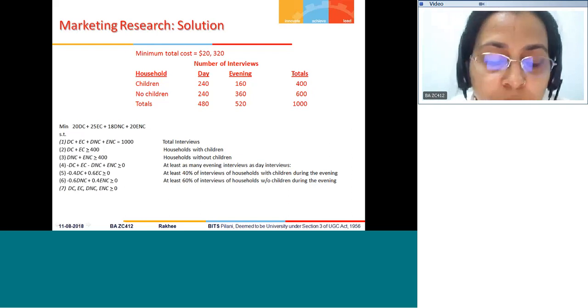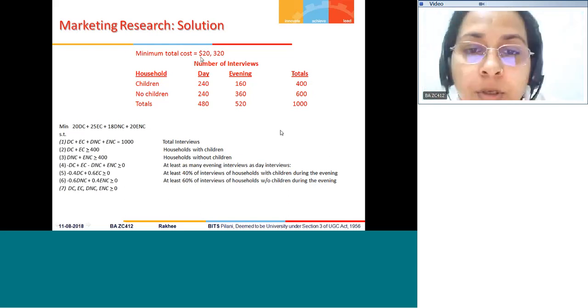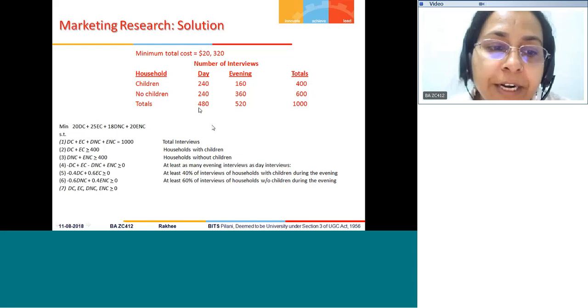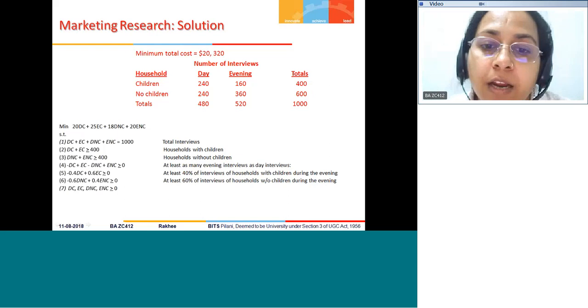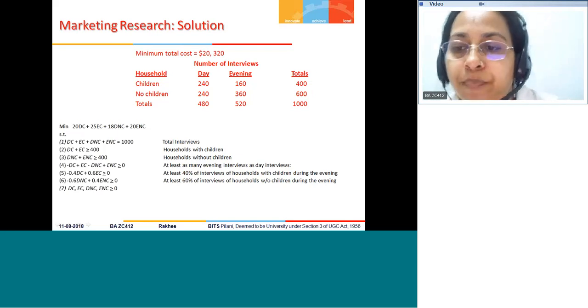So here we have these 4 values, and you can see all constraints are satisfied. Total daytime interviews are 480, which is greater than 40, and 520 evening interviews are also greater. Similarly, here also all constraints are satisfied, and the total sum of all interviews is 1000.